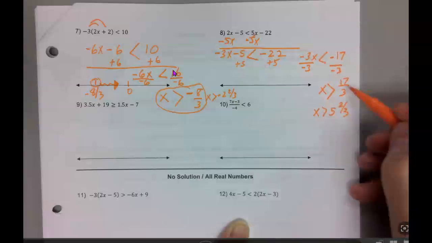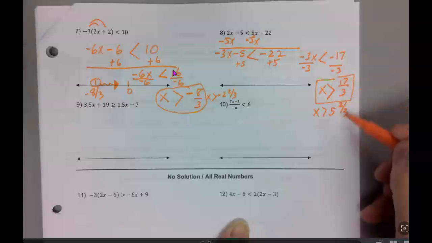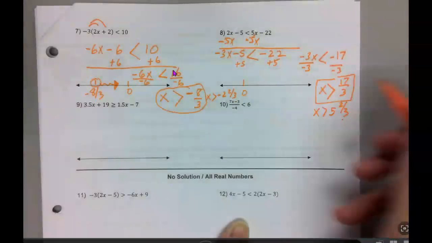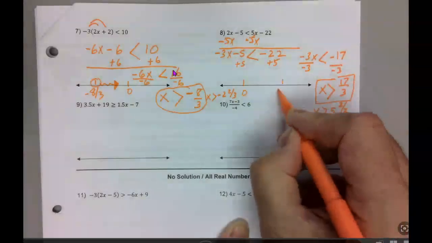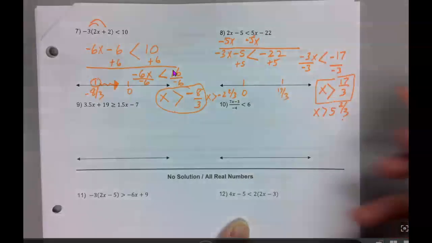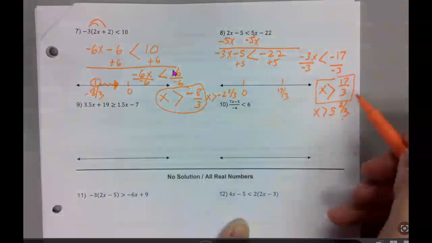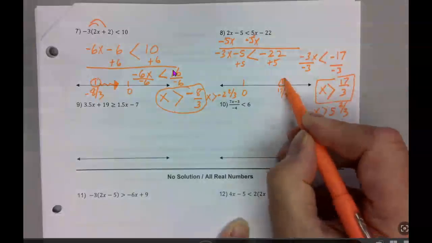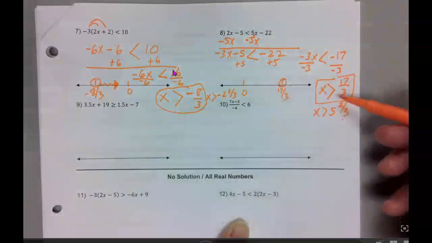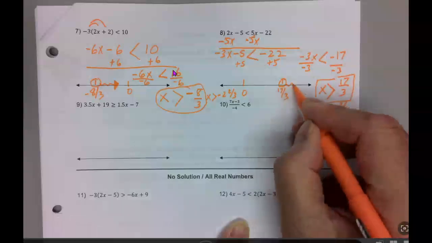I'd rather you write it like this, but I put it like this so I kind of know where it's at on the number line. Does that make sense? So 0's here, 17/3 is about here. Open or closed circle? Open, because it doesn't have an equal sign. And which way is the arrow going? Right or left? Right. And there we go.